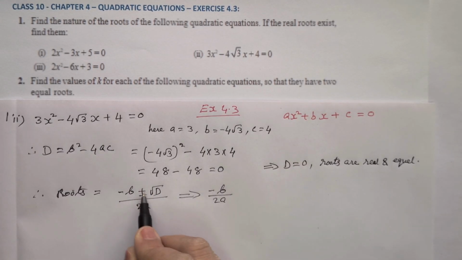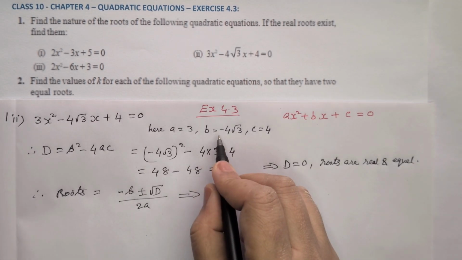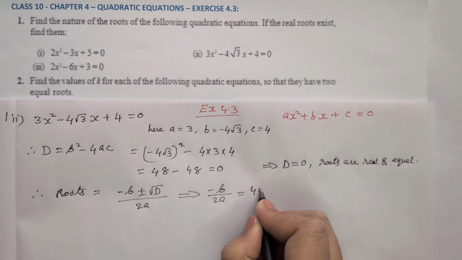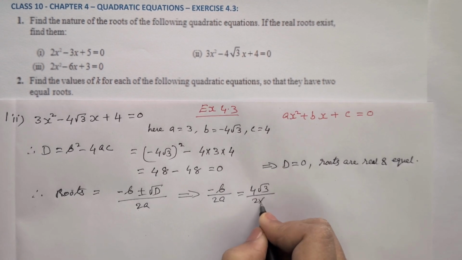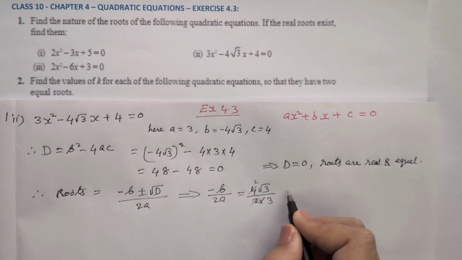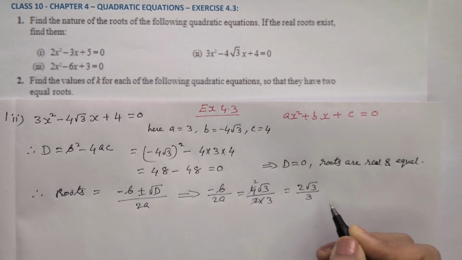So this part is enough. Which is equal to −b, b is −4√3. So −b means 4√3 by 2 into a is 3. So we are getting 2√3 by 3.